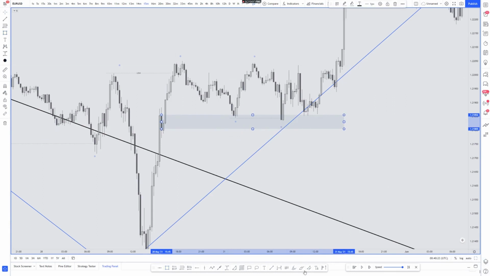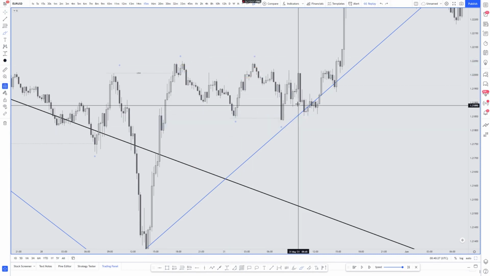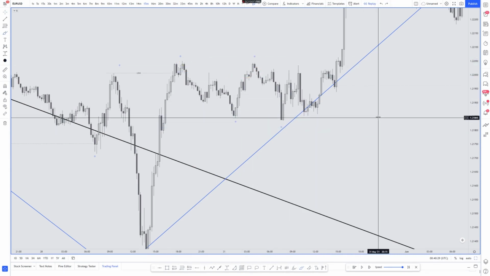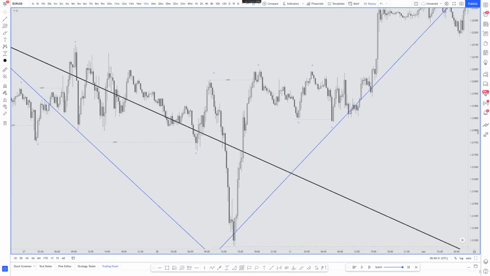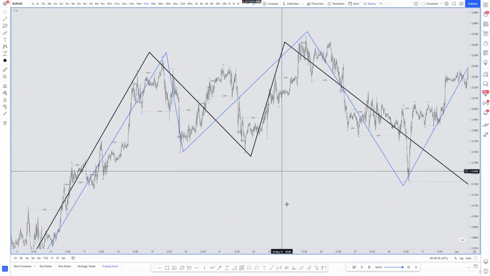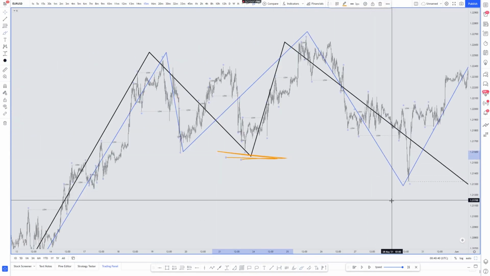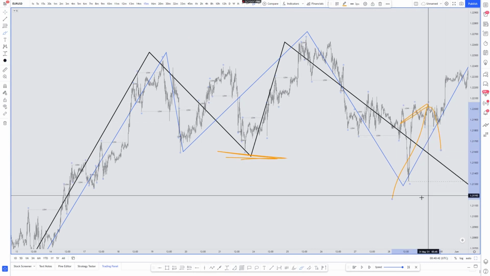You also have a supply zone that is holding. These zones can be complicated, and this is where understanding higher time frame and understanding that you just took this low, we expect some sort of a pullback.